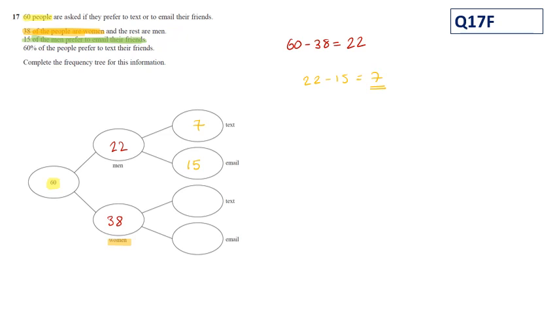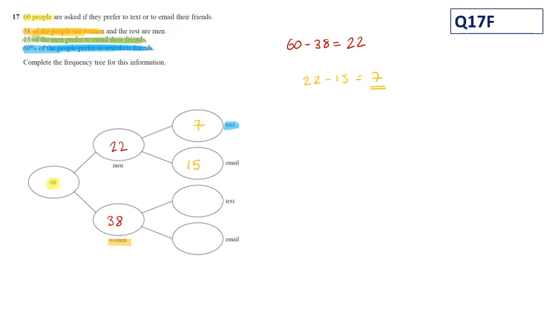Okay, so the next piece of information that we have is 60% of the people prefer to text their friends. That's 60% of the total. So if we look at texting so far, we have 7 people at the moment who are men who text. The rest of the people who text are women, but altogether that represents 60% of everybody.